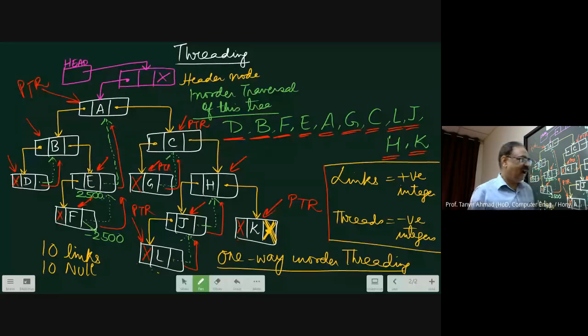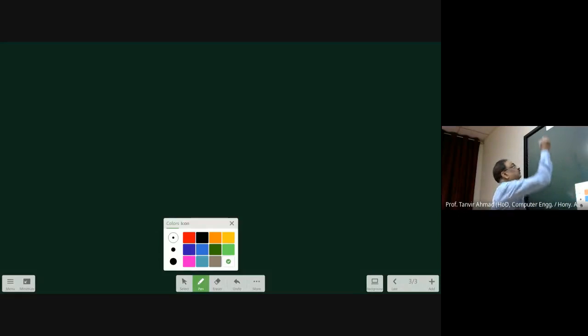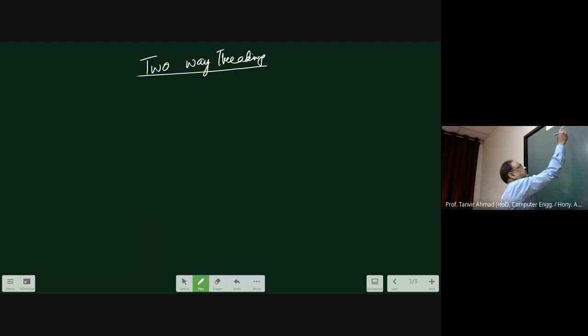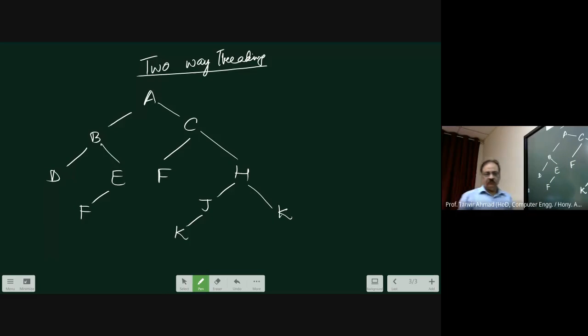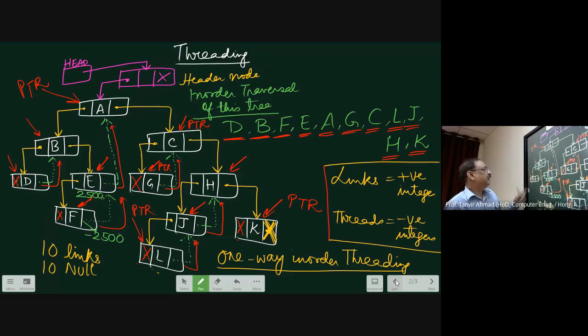Now, what do we do? I showed you two-way threading once. I draw it simply like this. This is the same tree: A B C D E G H F J K L. See.